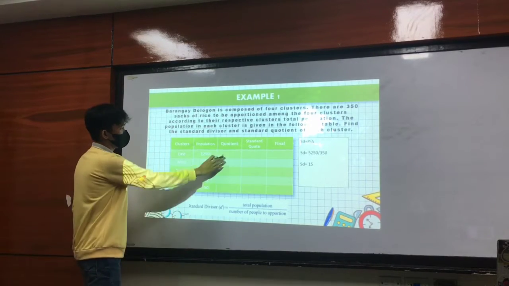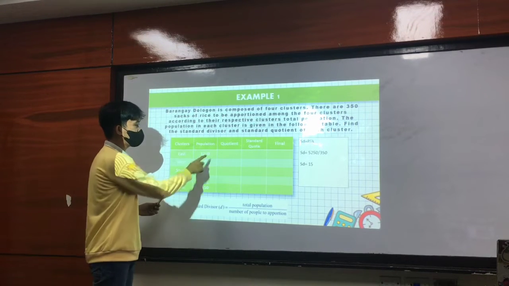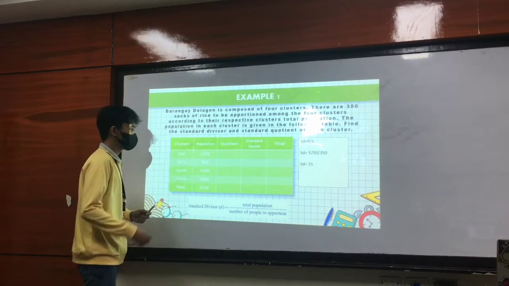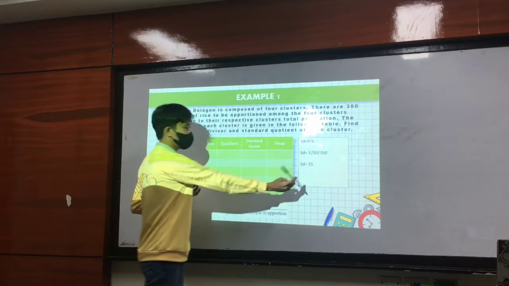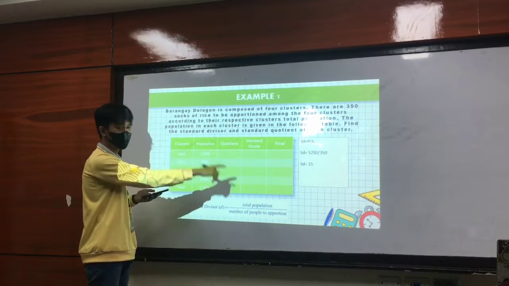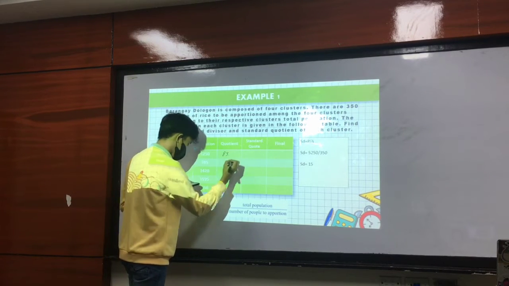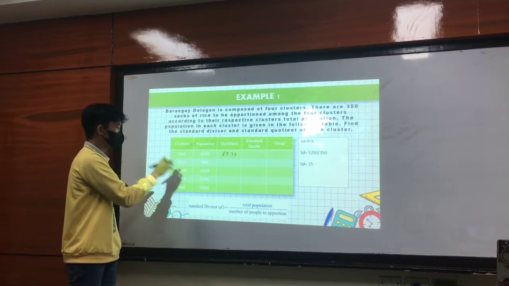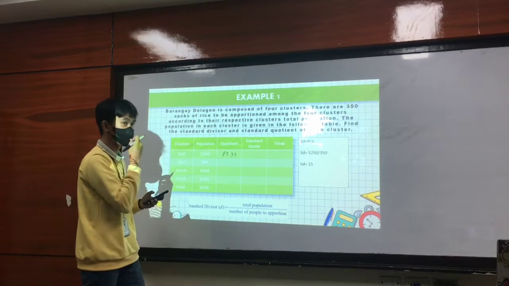So in the quotient, to find this, we have to divide the population by our standard divisor. If we divide the 1,250 by our standard divisor, which is 15, we get 83.33. In cluster west, we have 985 divided by our standard divisor, which is 15.